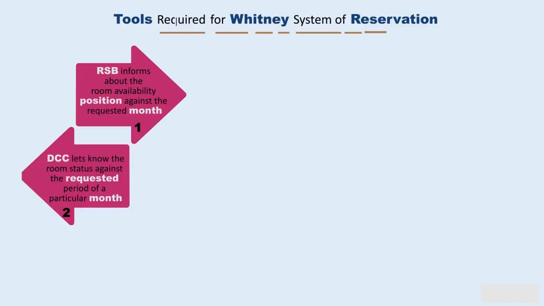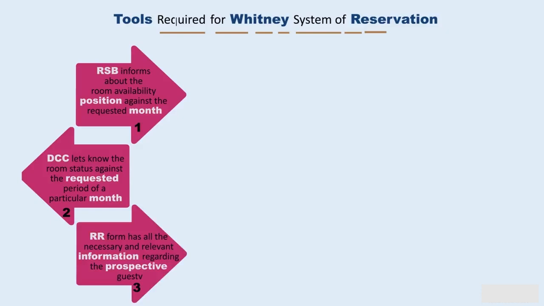By referring to DCC, the room status can be known against the requested period of a particular month. Room Reservation Form. This tool is used to record all necessary and relevant pieces of information regarding the prospective guest by the reservation assistant.